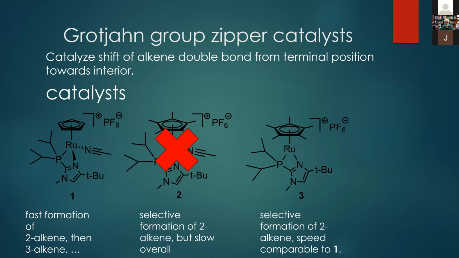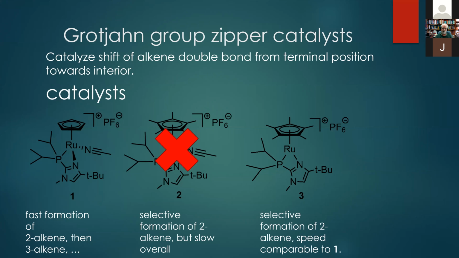And so instead of using that, they changed the nature of the connection between the ruthenium and another part of the molecule with a nitrogen atom to get this catalyst.